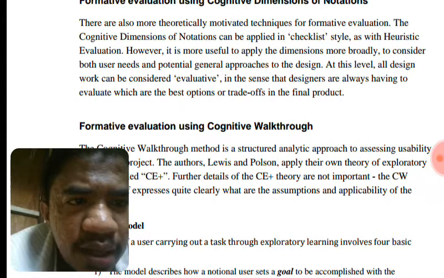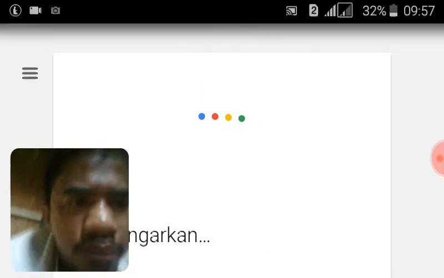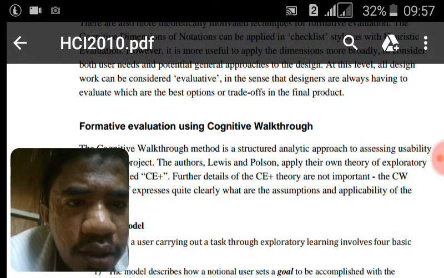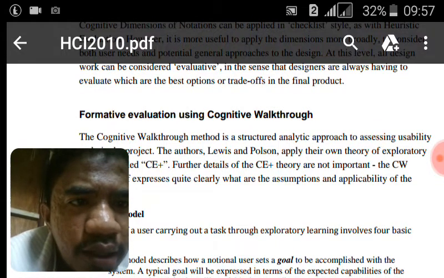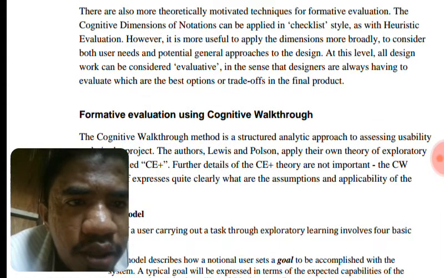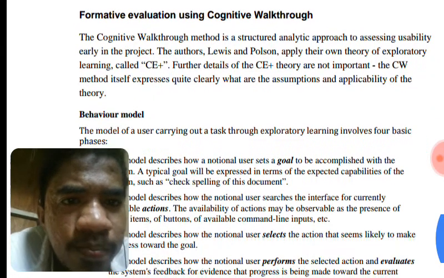At this level, it is evaluative in the sense that the designers are always having to evaluate which are the best options and trade-offs in the final product.